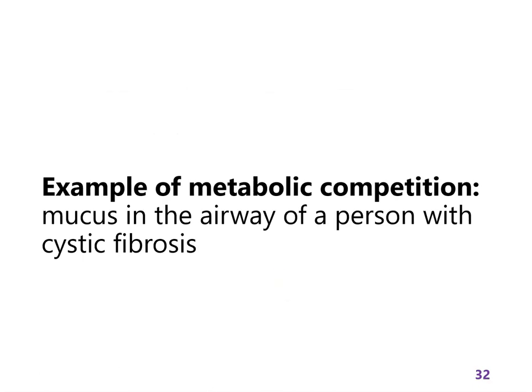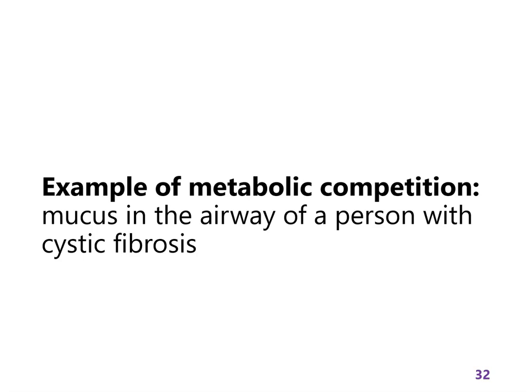So here's an example in human health. If a person has cystic fibrosis, this is an inheritable condition that affects many things, but also their ability to clear mucus from their airways. And so mucus will collect in alveoli and some parts of the airways.